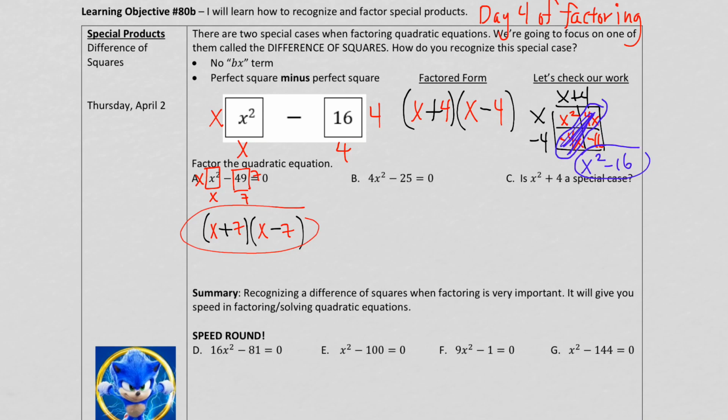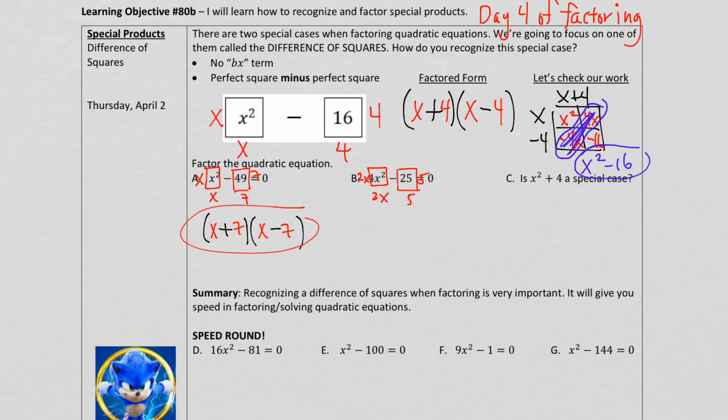Example B. What about this one? So here's, again, there's no bx term, good. There's a difference or a minus sign, good. So the question is, are these perfect squares? So let's check. Isn't 4x squared the same as saying 2x times 2x? That's a perfect square. And 25 is 5 times 5.